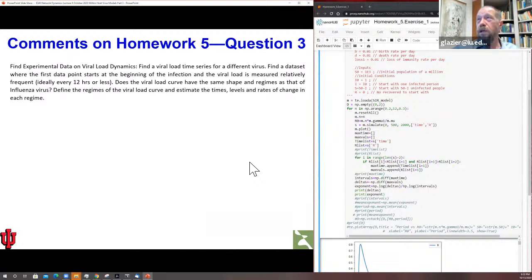Okay, question 3 was find some experimental data on viral load dynamics. A couple of people had trouble with that. If I just go into Google, type time series for viral load, and then the name of some disease, almost any disease, and then go to images, I find time series.